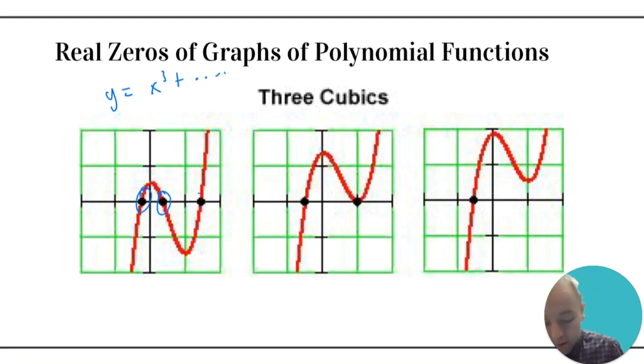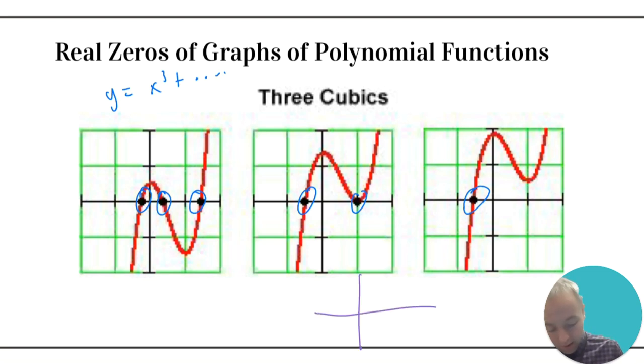Just know that it could have 3 different x-intercepts, but then it could have 2 or it could have 1, okay? Odd degree polynomials actually always do have to cross the x-axis at one point, so it would be impossible for a cubic to have no x-intercepts. But just know that when we have even degree polynomials, some of those might not have x-intercepts.